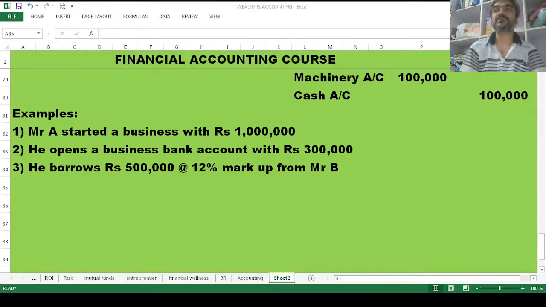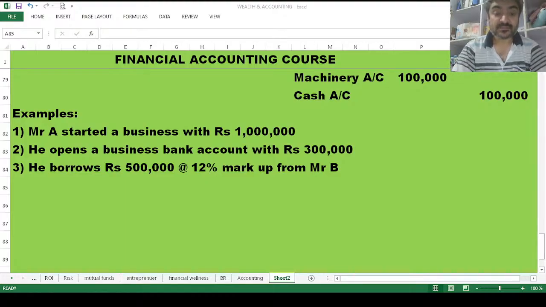It is a liability because the company has borrowed the money which the company will have to repay to Mr. B. So at this time it is a liability of the company. So an asset is increased and also a liability is increased.